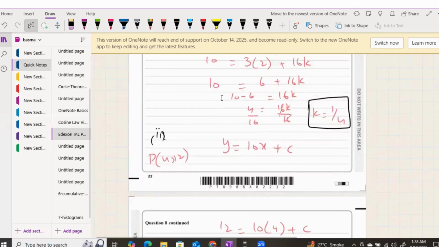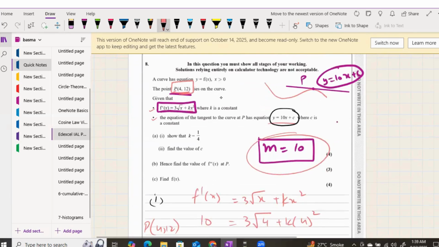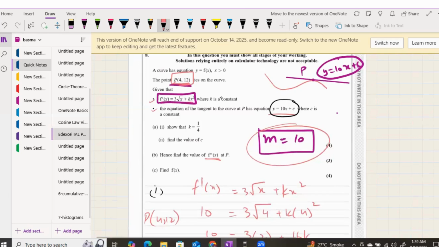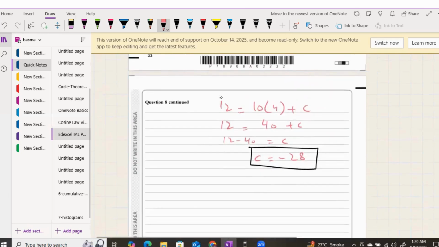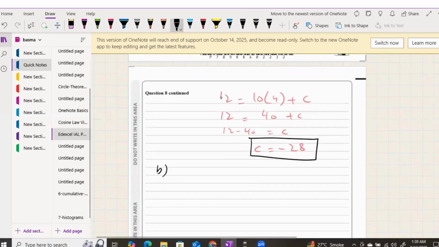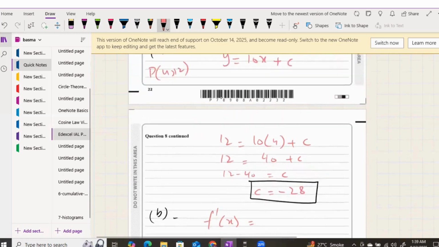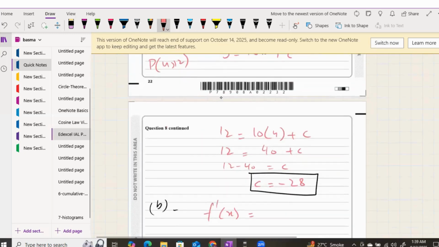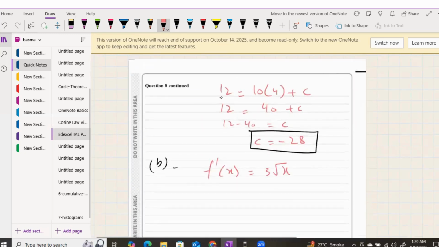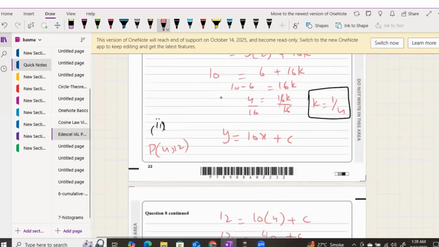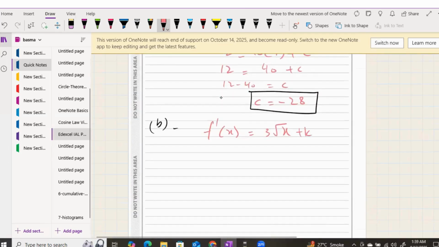Now we have part B. Hence find the value of f double prime of x at the point P. It's a double derivative. We already know the first derivative is 3 root x plus kx squared.